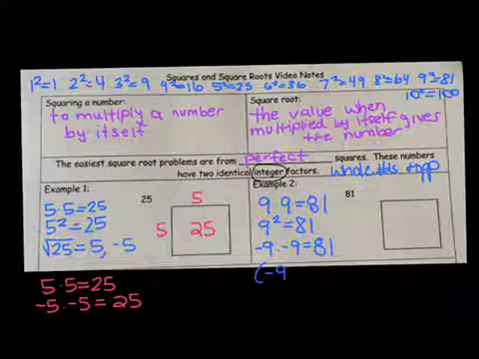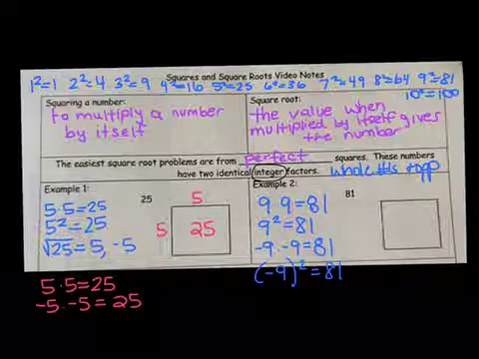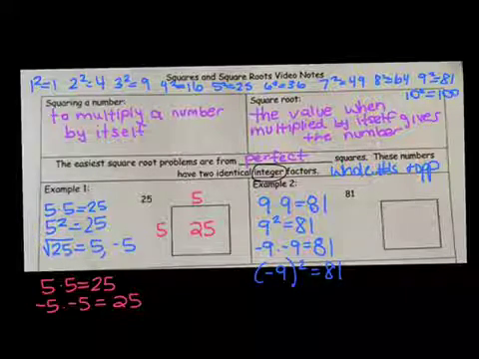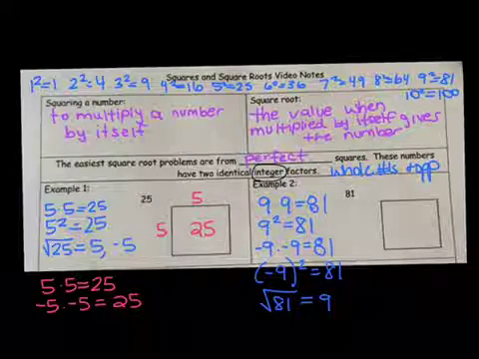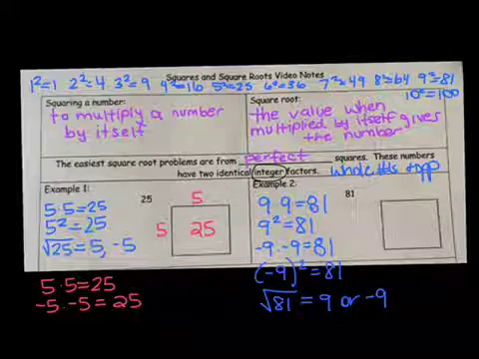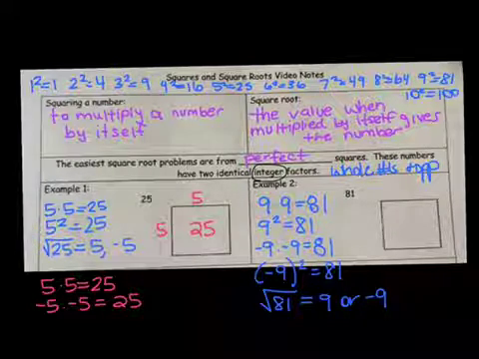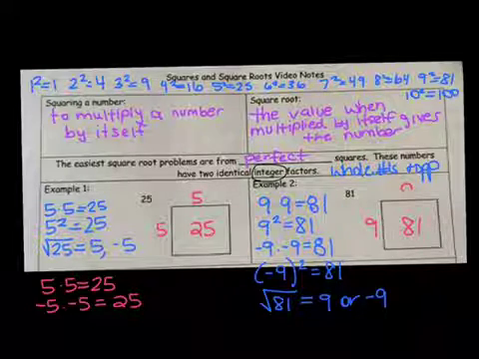So negative 9 squared is also 81. And the square root of 81 is 9 or negative 9. And just as the last problem, we could think of the area being 81 and the side lengths being 9.